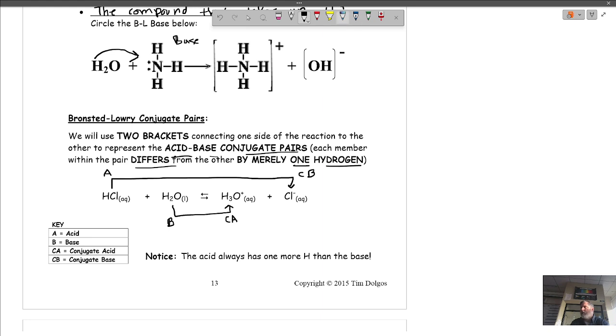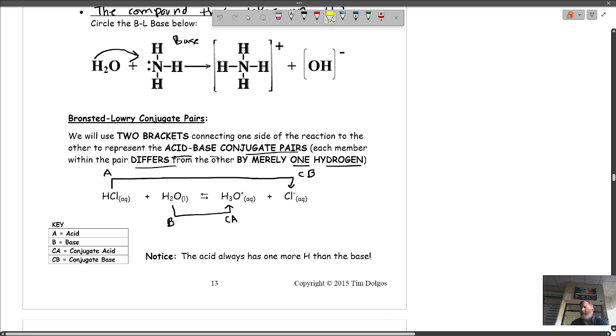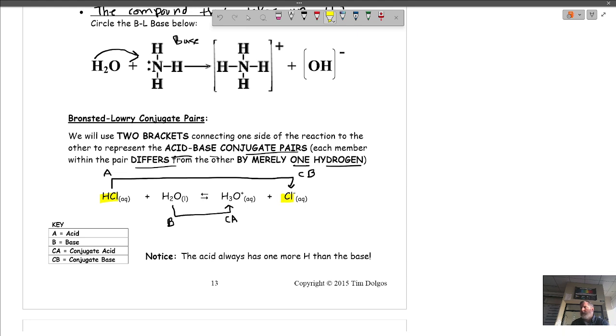How do I know, for example, to connect the line between hydrochloric acid and chloride? Because the only difference between the two is exactly one hydrogen. And the same thing, of course, goes here. What makes this different than this is one hydrogen. Notice the acid always has one more hydrogen than the base when you're looking on the left. And here's the key to those words.